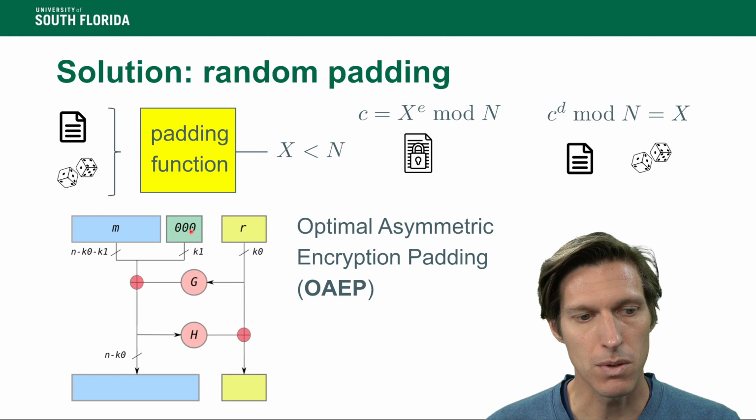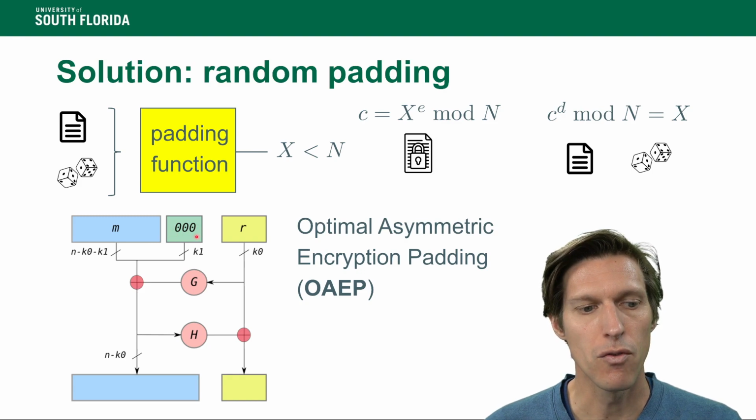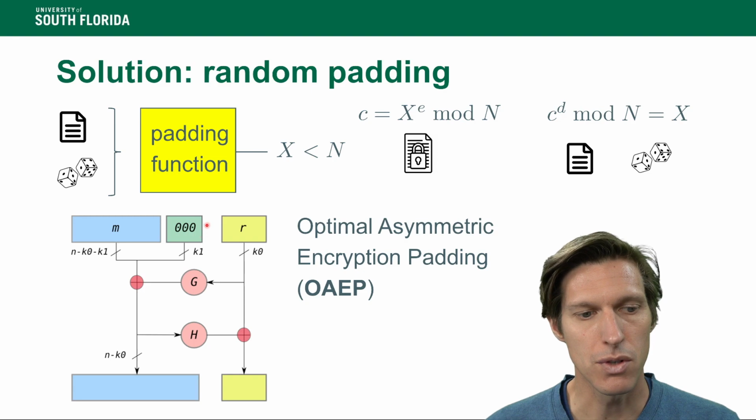Enough zeros, but it could also have some other formatting data with respect to the version of a particular algorithm that is being used. So here you can put some information that has to do with the format of the data. And here is your random value. So this is the rolling dice here that produces a random string that you put here.